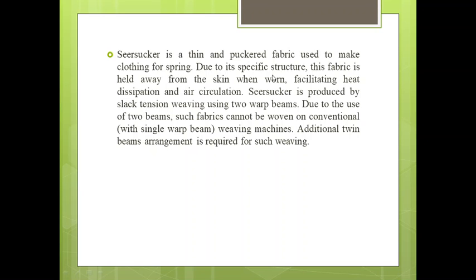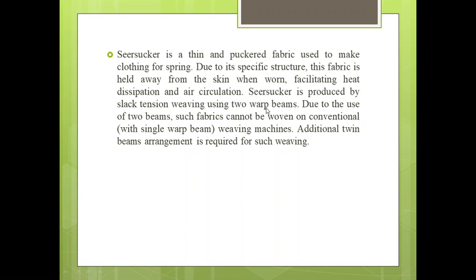Due to its specific structure, the fabric is held away from the skin when worn, meaning the whole fabric surface won't be in contact with the skin because of the puckering effect. This facilitates heat dissipation and air circulation, which is very good for the human body.